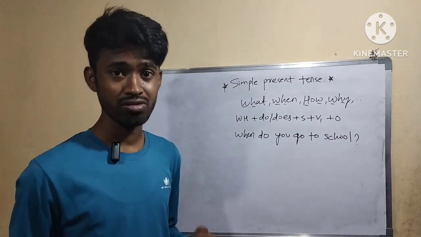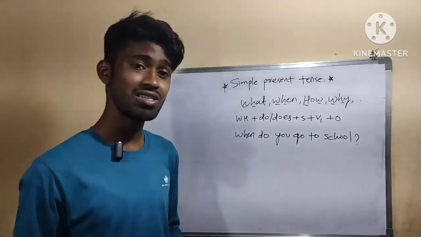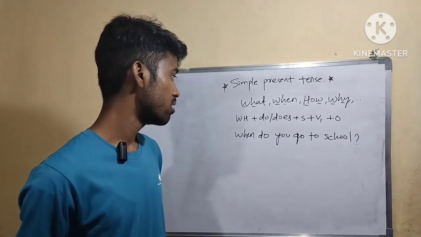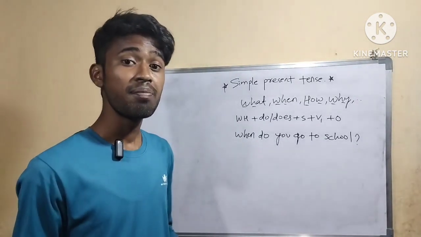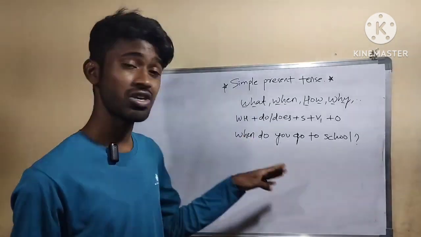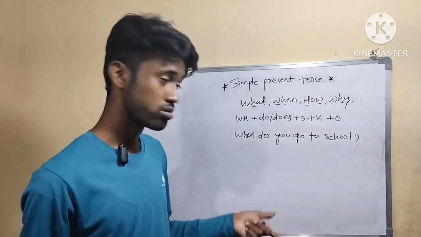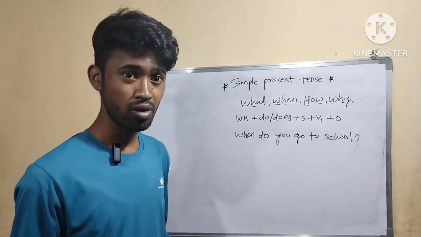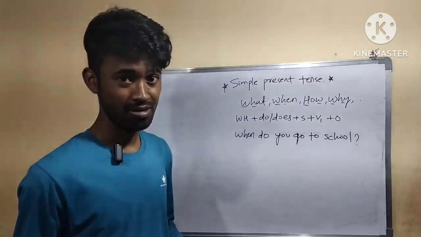When do you go to school? Now we can't answer this question with yes or no because this is a WH question and you have to give the proper answer. When means time, you have to tell. At 8 o'clock I go to school. Whatever time you go to your school, you can tell it here in the answer.